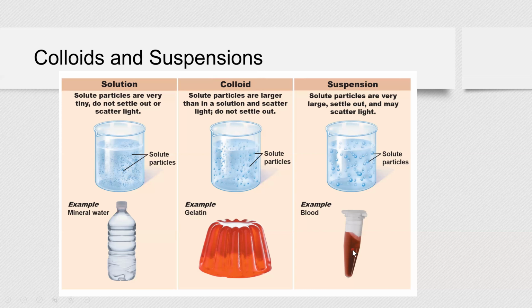And if you look at red blood cells, white blood cells, and platelets within that plasma, they are in a suspension state because they are bigger particles than even plasma proteins. Right? So your blood can be an example of all three mixtures. Blood is a solution when we're talking about plasma and electrolytes. Blood is a colloid when we talk about plasma and plasma proteins. And blood is a suspension when we talk about plasma and formed elements or cells.